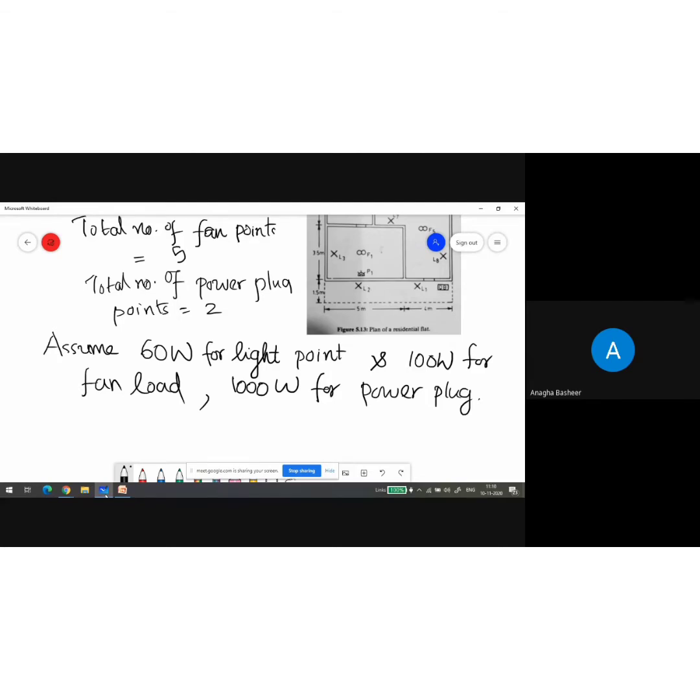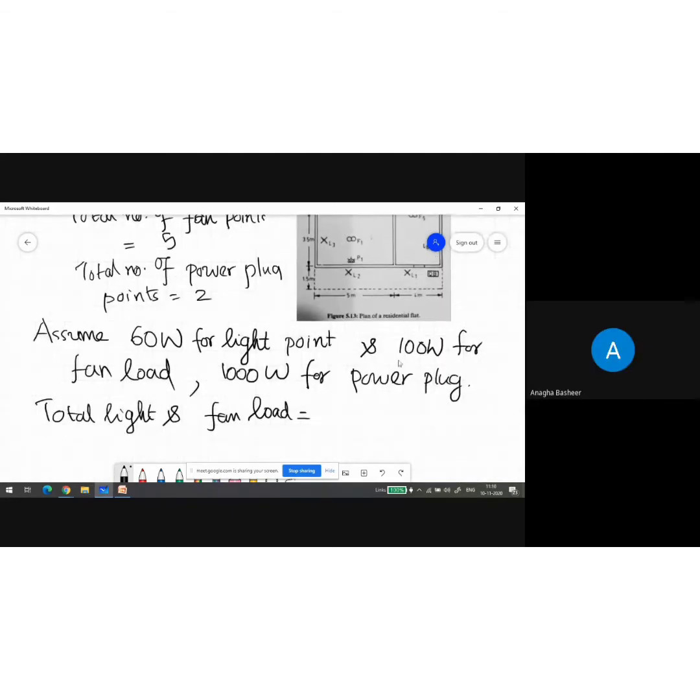Next step. Total light and fan load is equal to how many light points are there? 8.